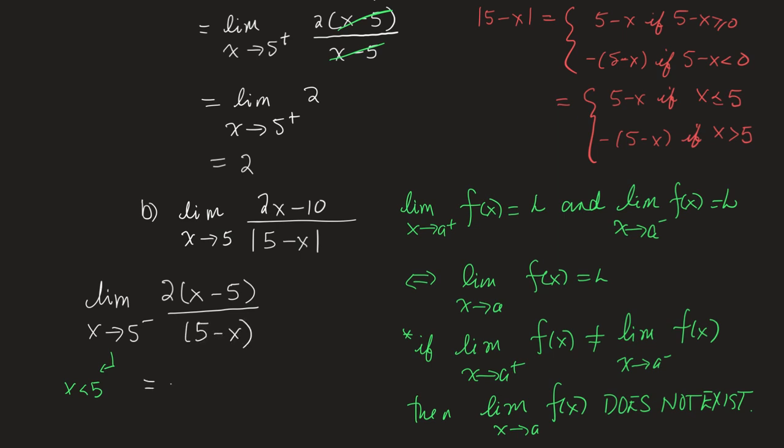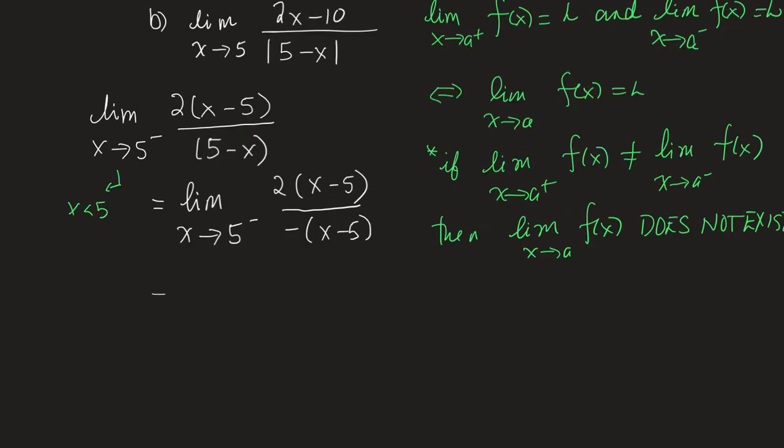And I'm going to do the same thing I did last time. I'm going to rewrite that as the limit as x tends to 5 from the left. I have 2 times x minus 5. I'm going to rewrite my denominator as minus x minus 5.